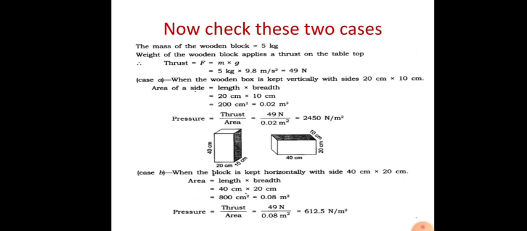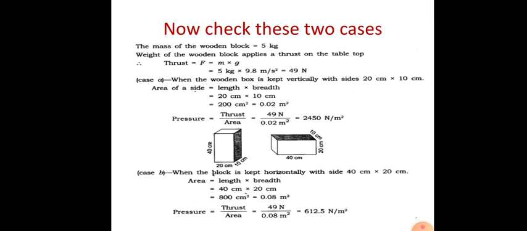Next is the case when the same block is kept with the area under contact with the ground as different. In the first case, the area under contact is calculated as 200 centimeters square, which is equal to 0.02 meters square, meter square being the unit of area in SI unit.